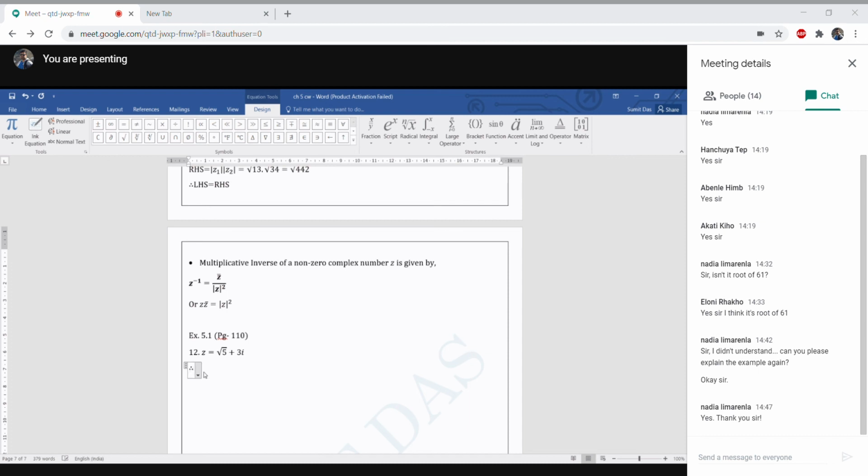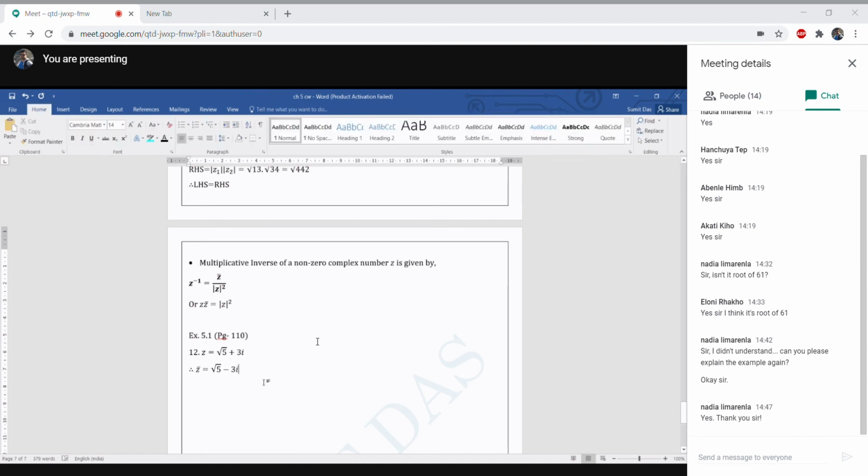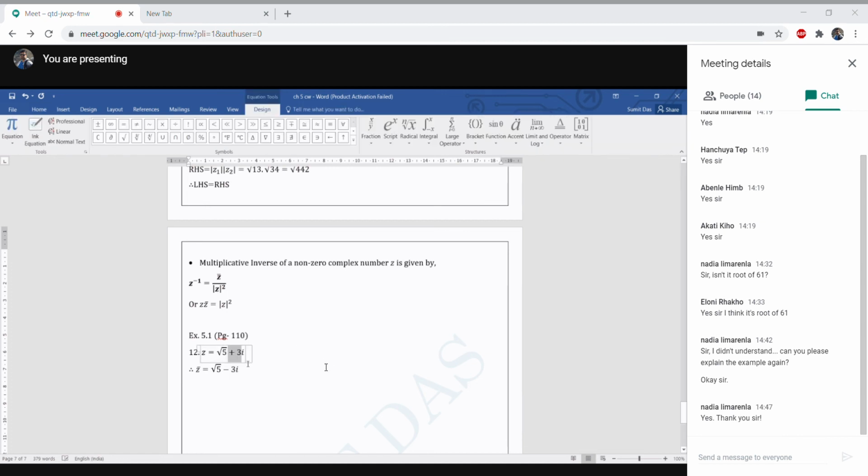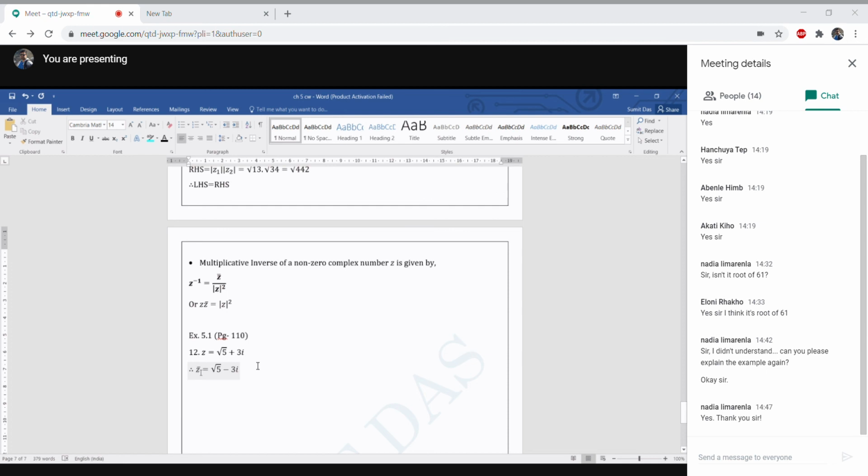Therefore z bar will be, we know that conjugate means we just have to change the sign of the imaginary part. So z bar will be root over 5 minus 3i. Z bar means conjugate of the complex number. Next, what will be the mod z?